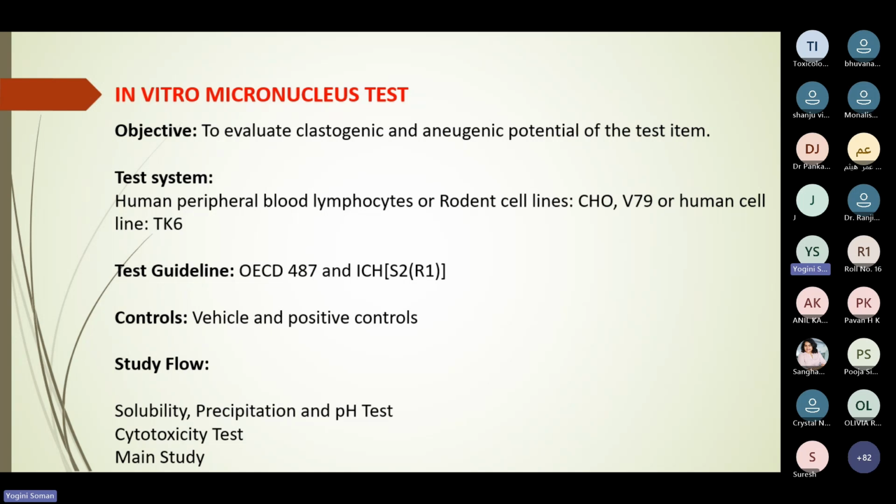So based on the cell count you can calculate the percent cytotoxicity. If percent cytotoxicity is between 50 to 60%, then you can select that concentration for the main study.